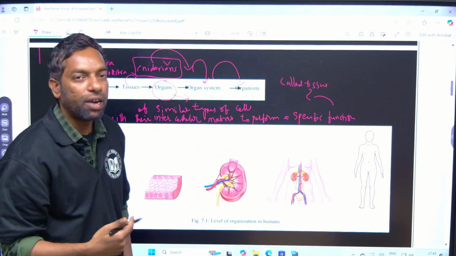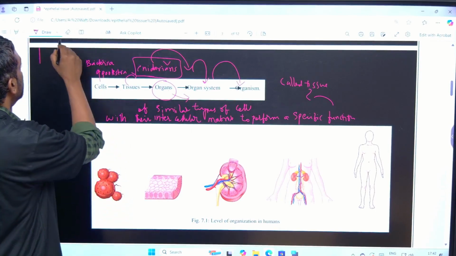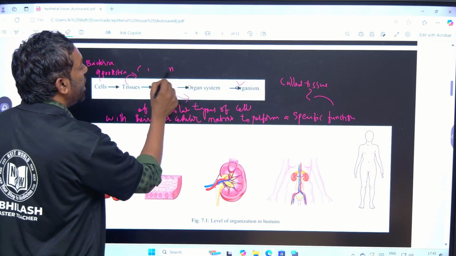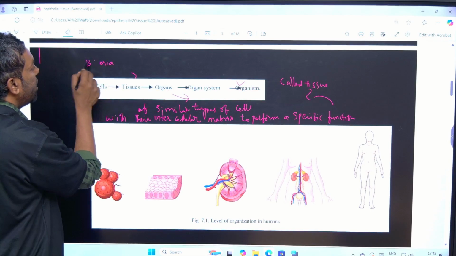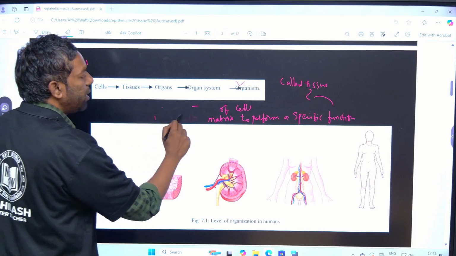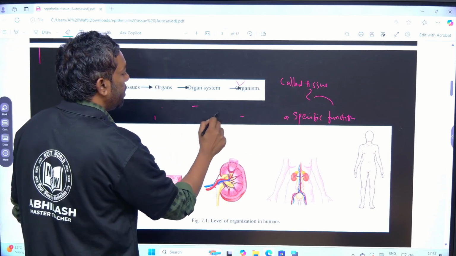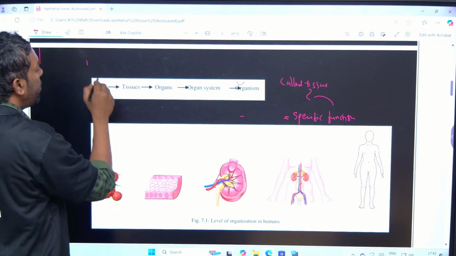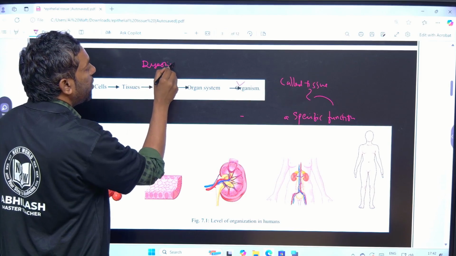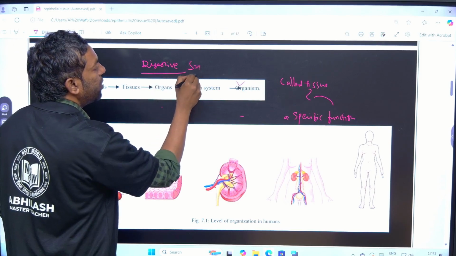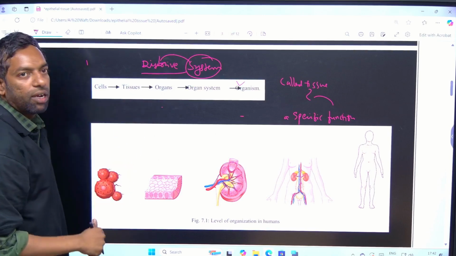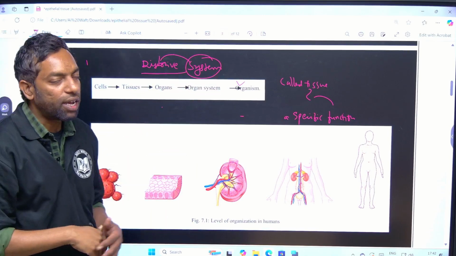developed in the higher class animals. If it is the organ system level, you take the digestive system. The digestive system goes from the organ to become an organ system.